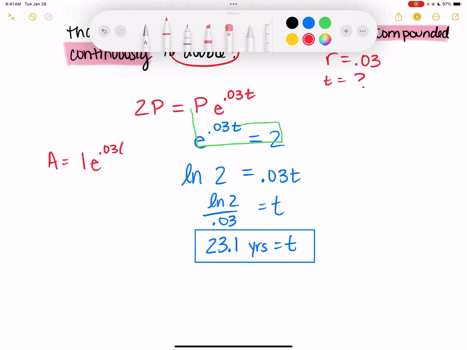Because in theory, if we plug this number in and we want this to be $2, let's see what happens. It seems kind of weird to think that that would be the case, but yeah. When I plug this in, I get that A is equal to 1.9997. So yes, $2. So it really does.